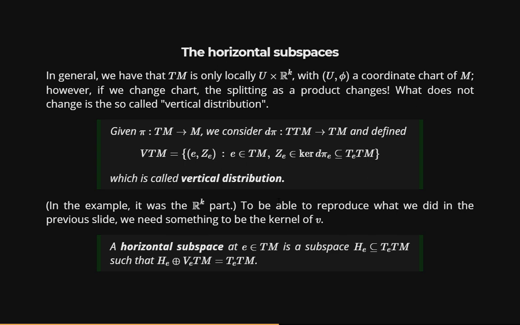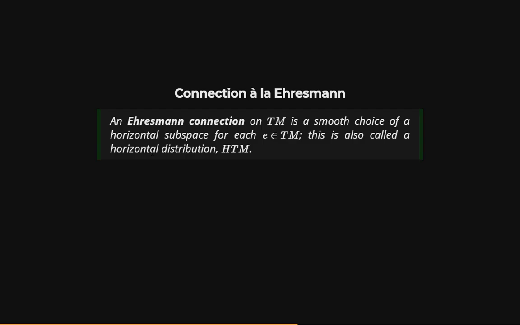So given a point of the tangent bundle, a horizontal subspace is a subspace of the tangent at that point, which is in direct sum with the vertical distribution at that point. So it's a complement of the vertical distribution. A connection, following the definition of Ehresmann.